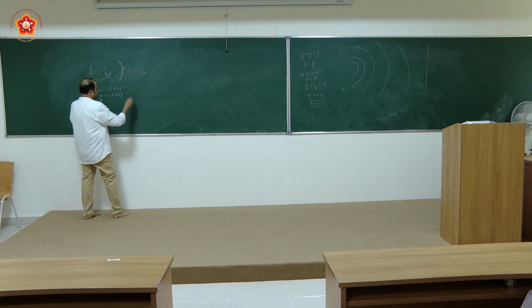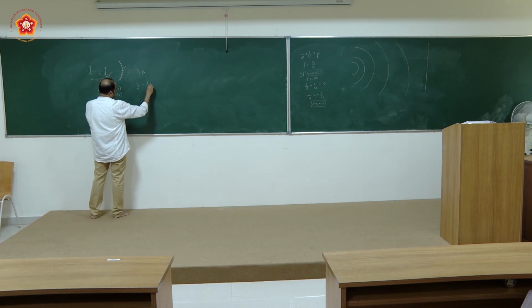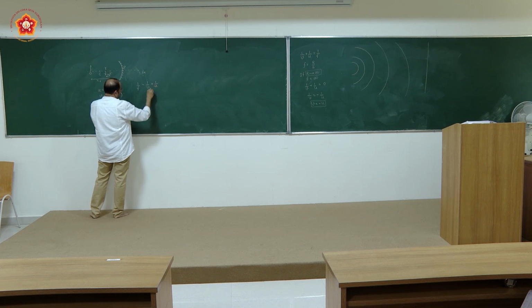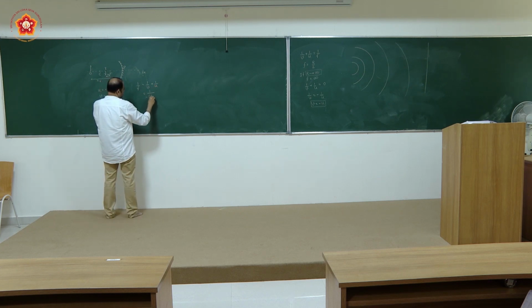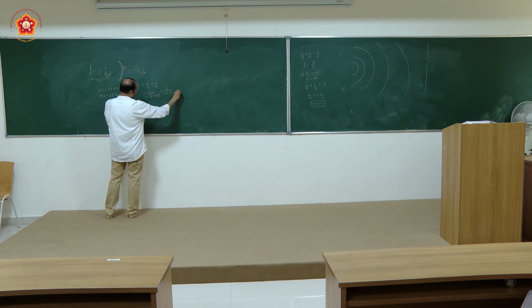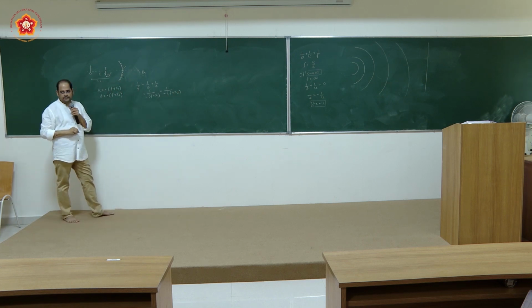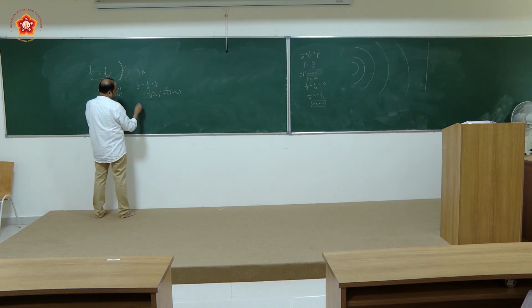So if you are applying it to the formula 1 upon f is equal to 1 by v plus 1 upon u, you will be able to have 1 upon minus of f plus x1 plus 1 upon minus of f plus x2. Am I right? So we need to solve this part. So how we can proceed ahead?